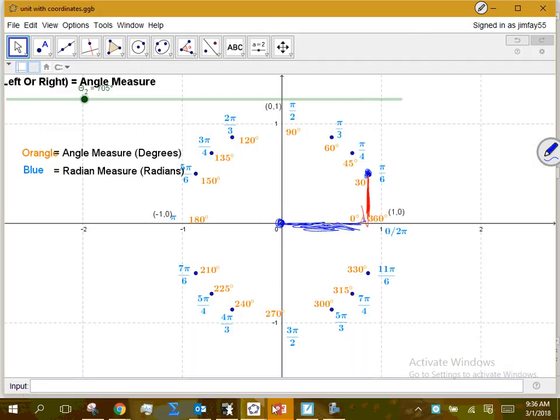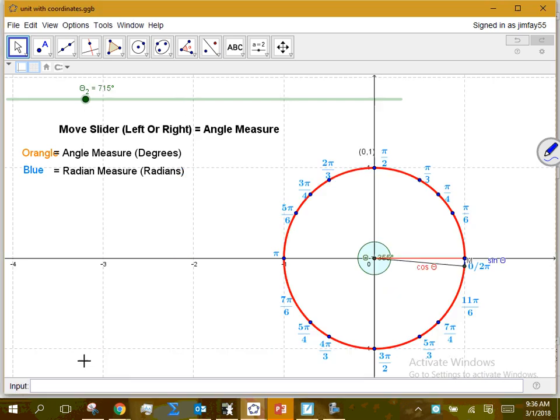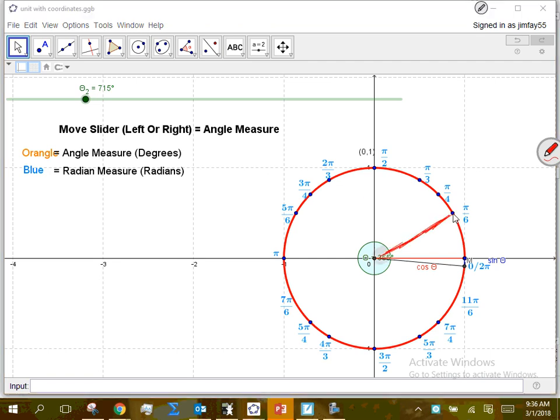Now let's draw a comparison back to the unit circle. Looking at just the pi over 6 increments, it breaks the first quadrant up into 3 intervals, 3 sectors. And that's between 0 and pi over 2, right?